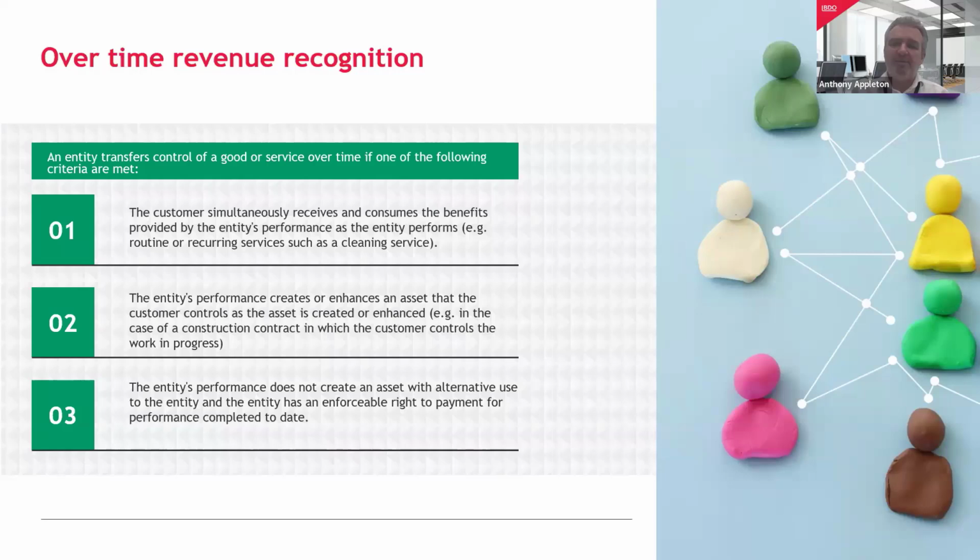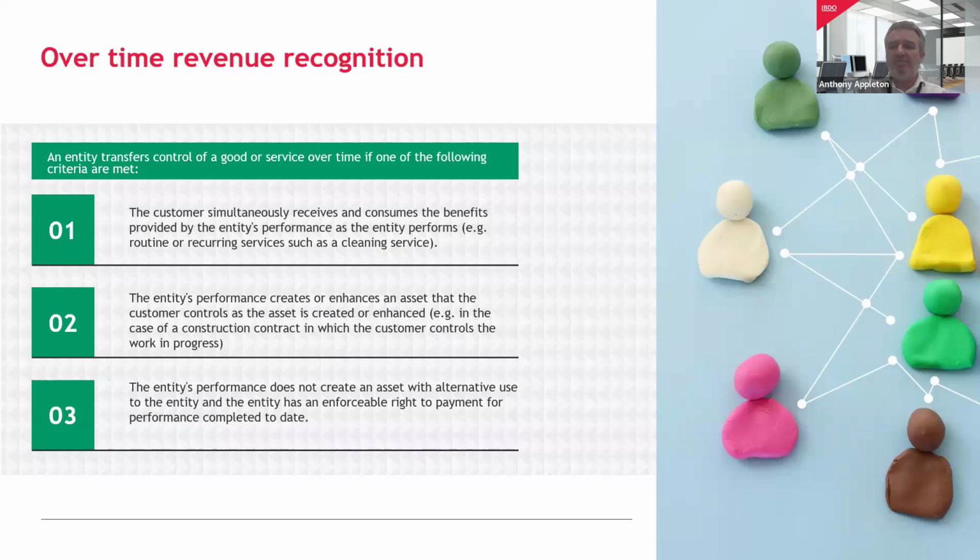Similarly, but about the delivery of an asset, it is criteria 2, which is about when the entity is creating or enhancing an asset that the customer already controls. So an obvious example is construction. If the entity owns the land and they call you in to build a property on their land, they've got control of the work in progress as you perform it.